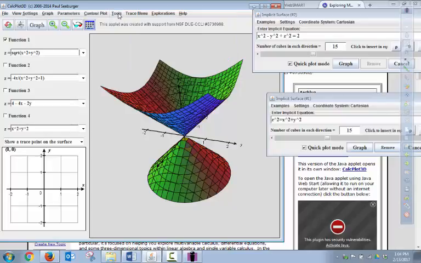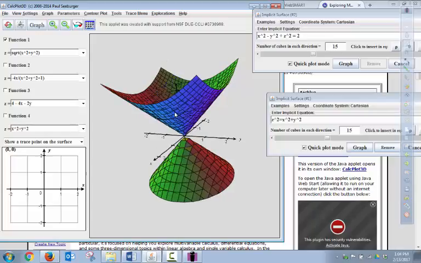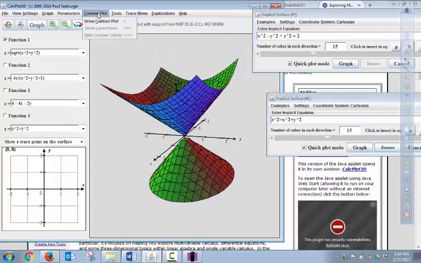But my big push is for you to mess around with this. So yeah, there's a color option. There's also ways to trace things around. You see the dot? That is tracing around the function, because the function is defined that way.